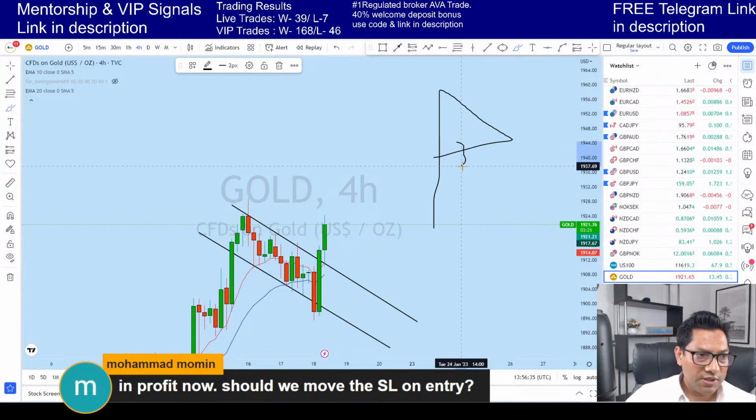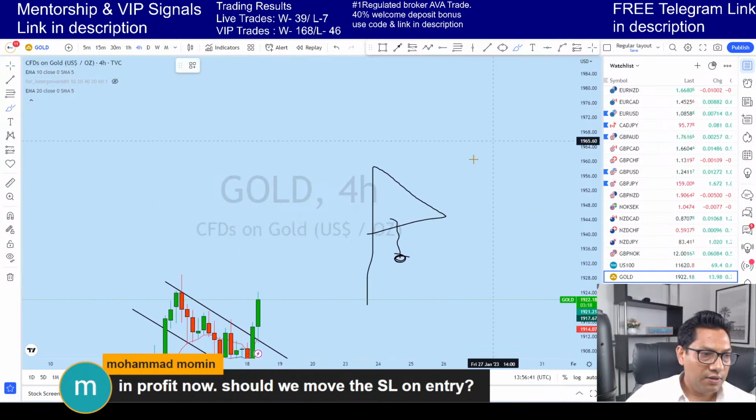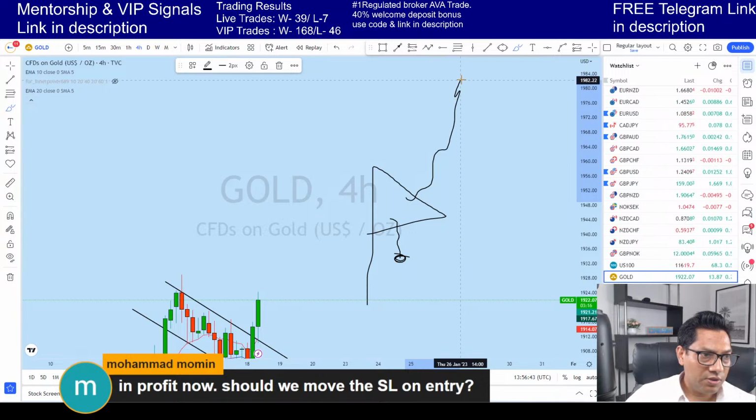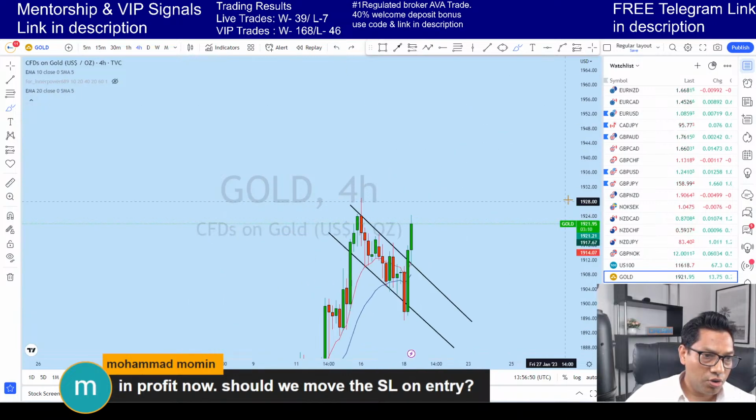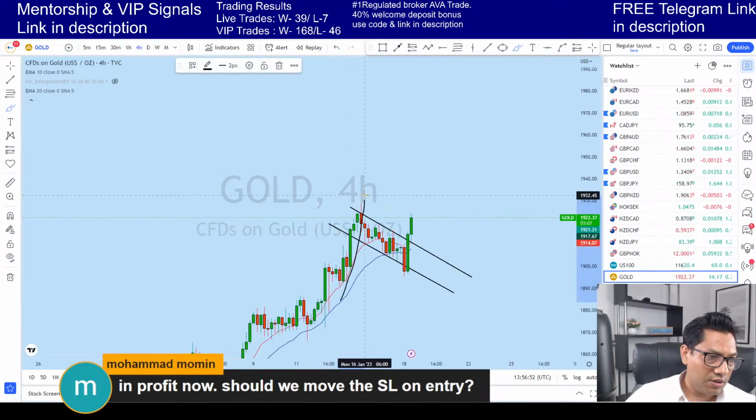And when you see the price, let's say, grab liquidity from here and then start, in most cases the price will continue to go up. So this is a continuation pattern with this impulse and then bull flag, price grabs liquidity and then starts to push up.